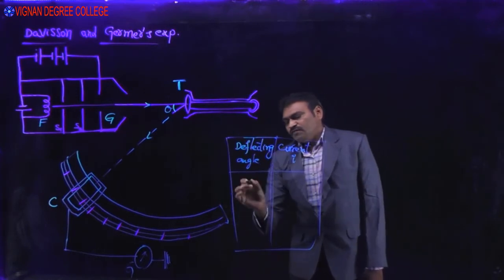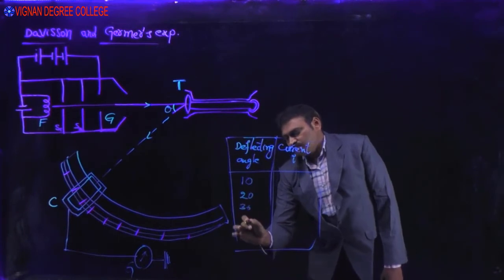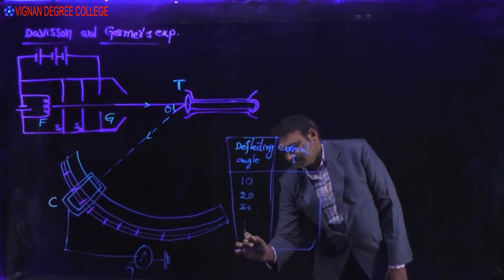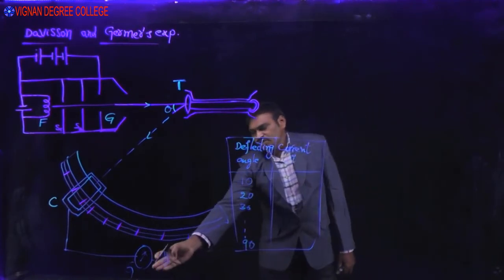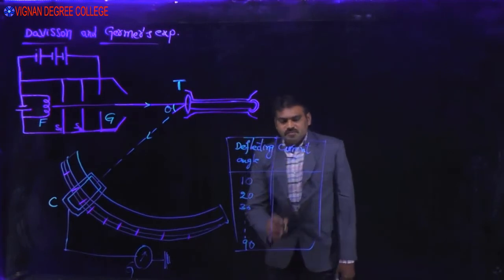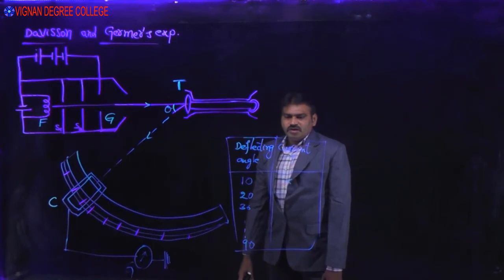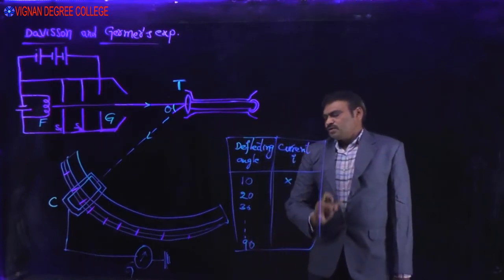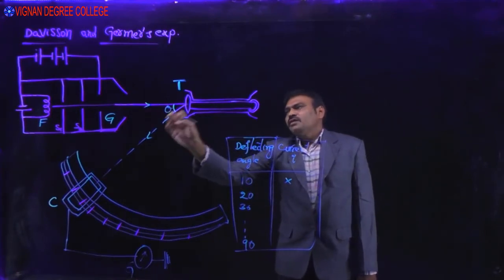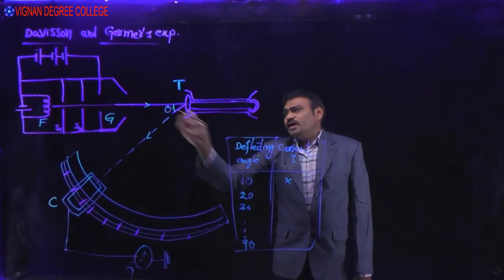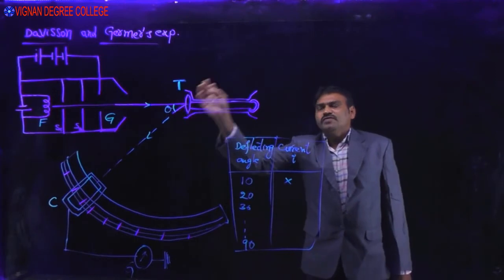For example, the deflecting angle is 10 degrees, 20 degrees, 30 degrees, up to 80 or 90 degrees. Different current values are also noted by measuring with the galvanometer. So by taking the readings in a table, a graph is plotted between the current values and the angle between the incident beam and the diffracted beam, at different angles.